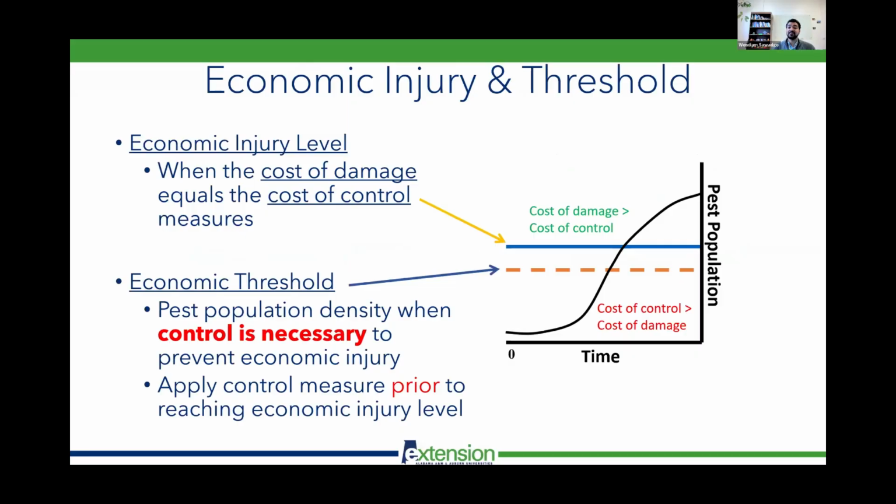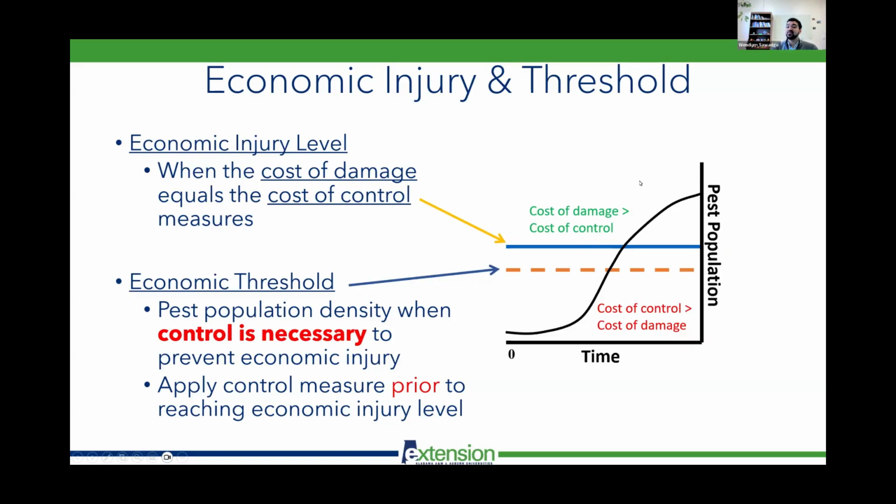And so putting economic injury on that prior graph, again we have our economic threshold here, that orange dashed line. That's where we need to take action to prevent economic injury. And if we don't take action, economic injury level, that's when we start to have damage. And that's when the cost of our damage is equal to the cost of control measures.